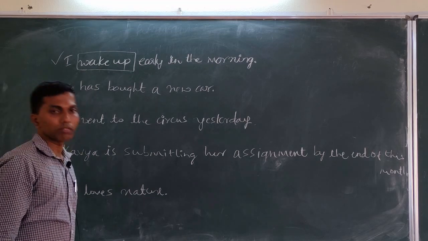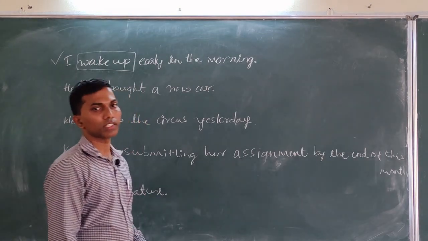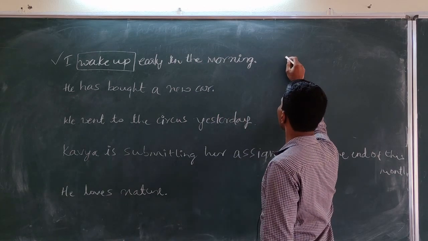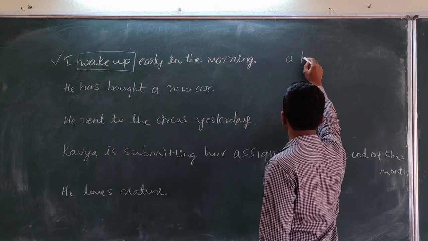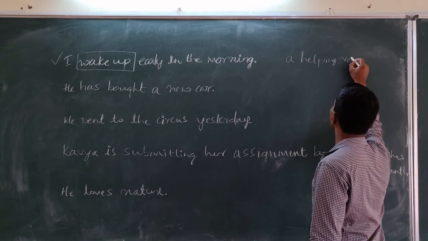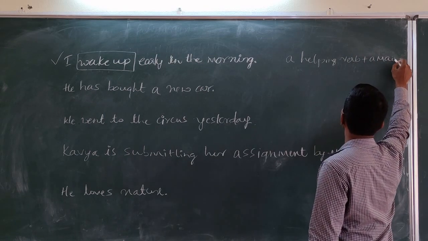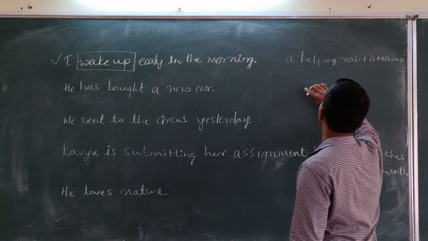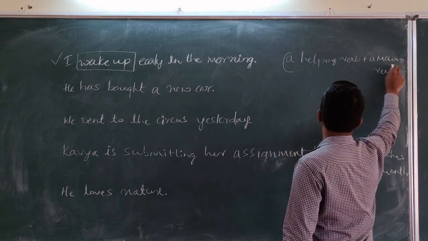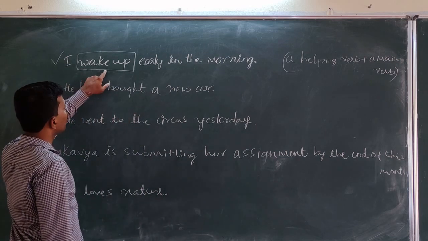Now, what is a verb phrase in a sentence? As we did discuss, it's a combination of what? A helping verb plus a main verb. Whenever there is a verb phrase, there is a main verb. Here too, in the example given, wake up cannot be alone.